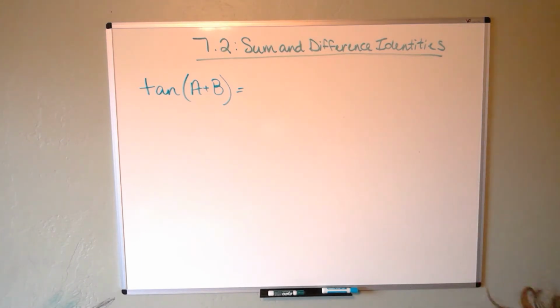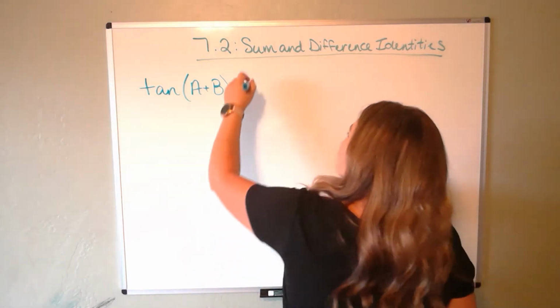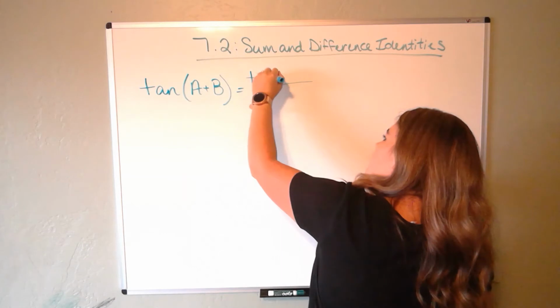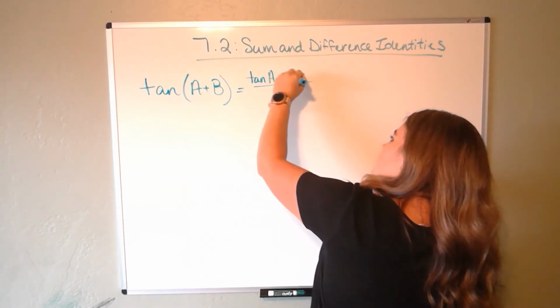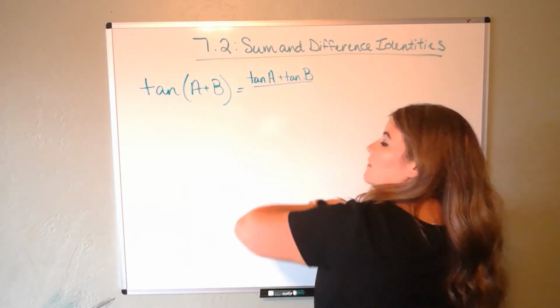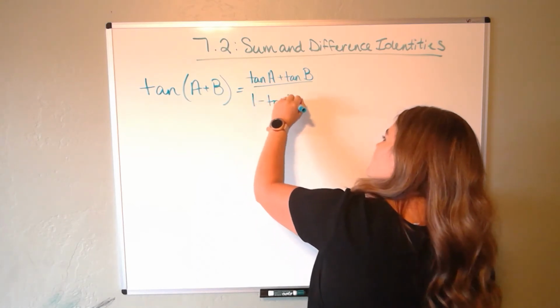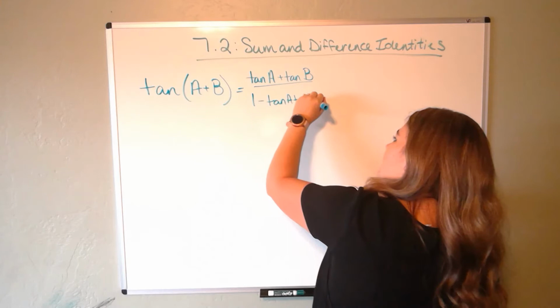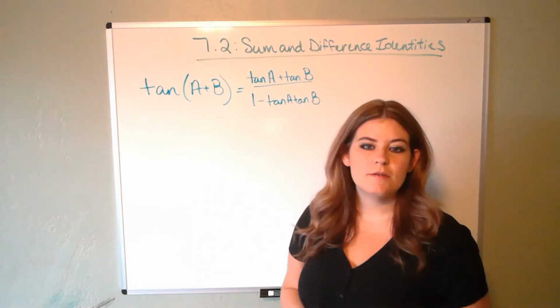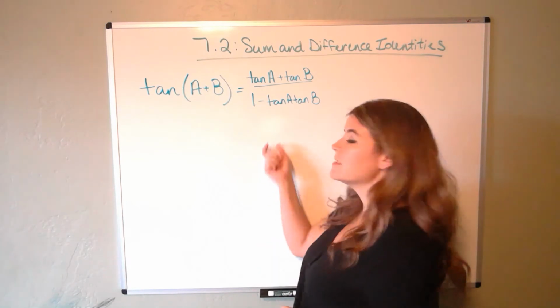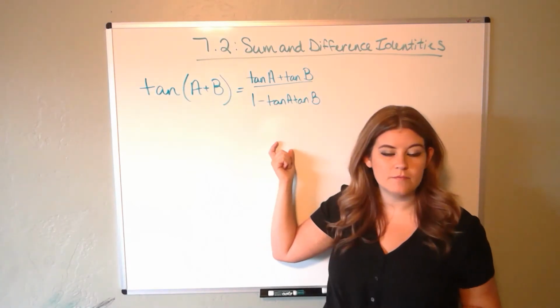But here we go, right? Tangent of A plus B is a fraction. It's going to be tangent A plus tangent B over 1 minus tangent A tangent B. So it's, like I said, not as pleasant. It's a fraction. But still, it's just an identity you have to reference.